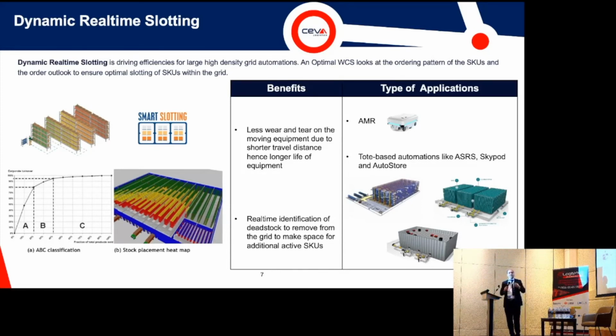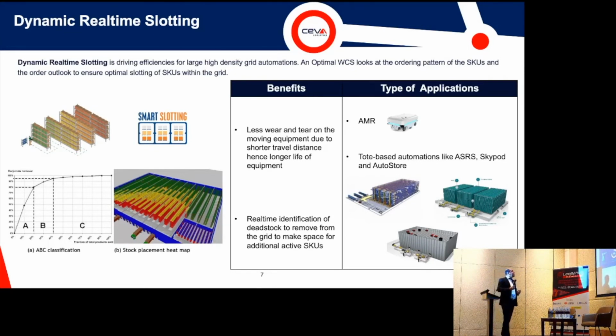That's why it improves the packing productivity for you. Again, some of the applications that this will work toward are AMR, SkyPod, AutoStore, which is utilized by a couple of companies within Australia, and the shuttle system of the ASRs.